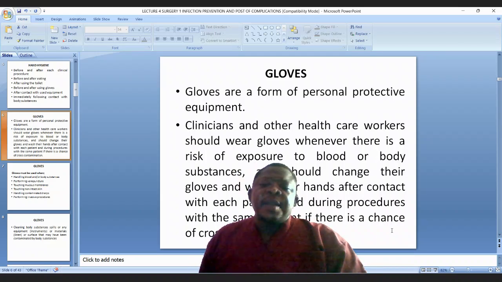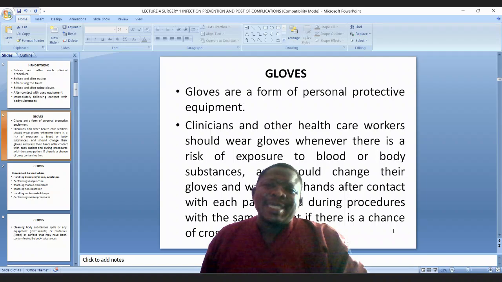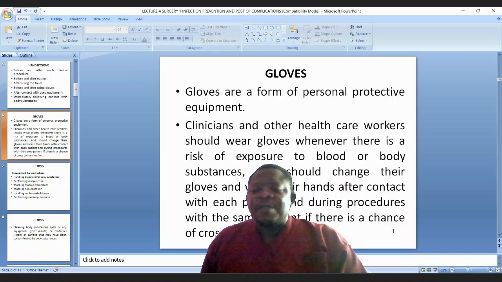Other equipment that is used for prevention of infection includes the protective equipment known as gloves. We have what we call PPE, personal protective equipment, so gloves fall under infection prevention tools.